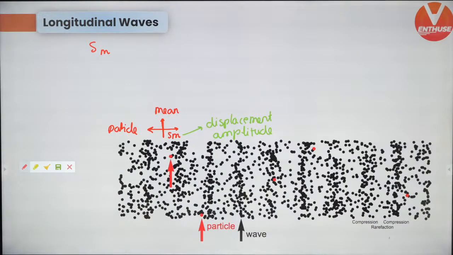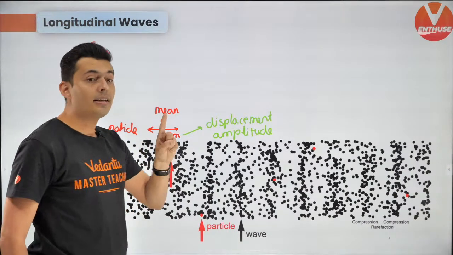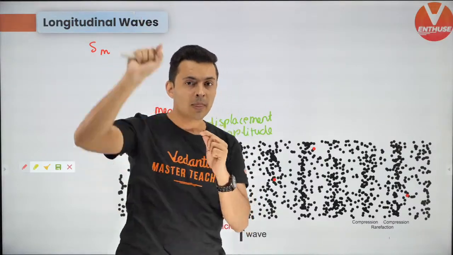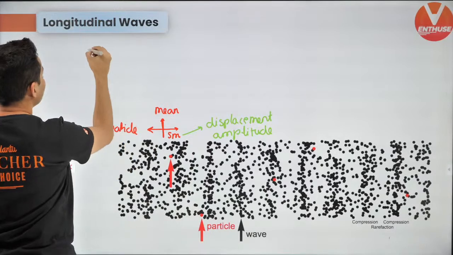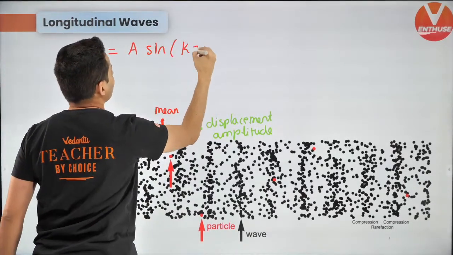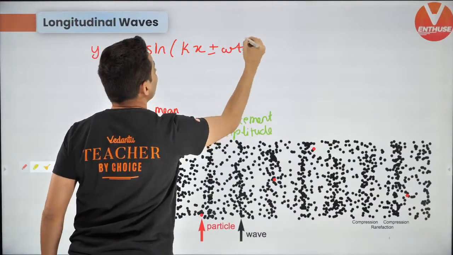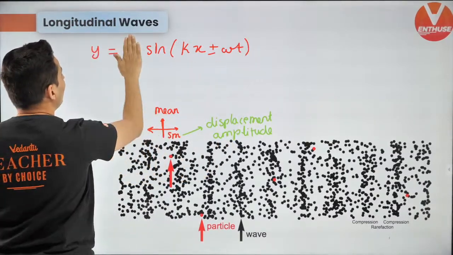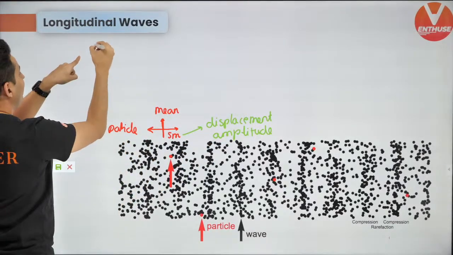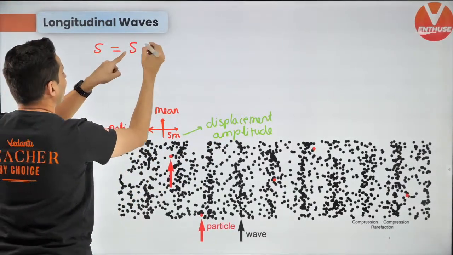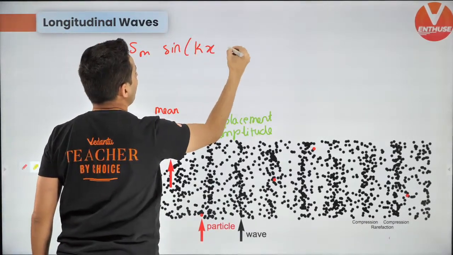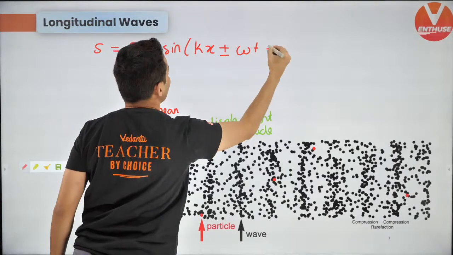So just like in a transverse wave, each particle used to go up and down like this, correct? And you used to have y is equal to a sine of kx plus minus omega t. Now instead of y, you will have s, and instead of a, you will have sm, and you will have sine of kx plus or minus omega t plus phi.